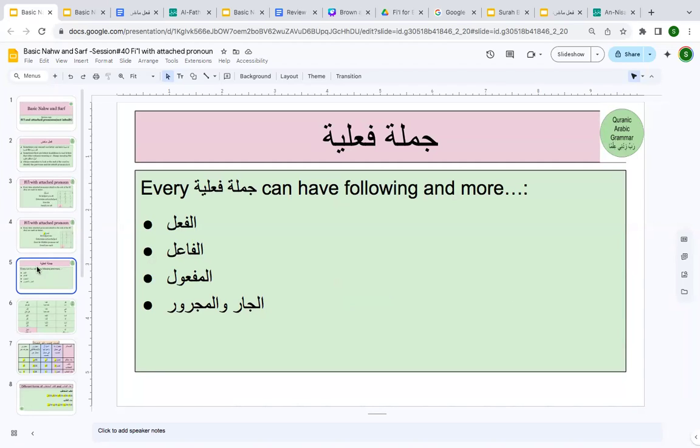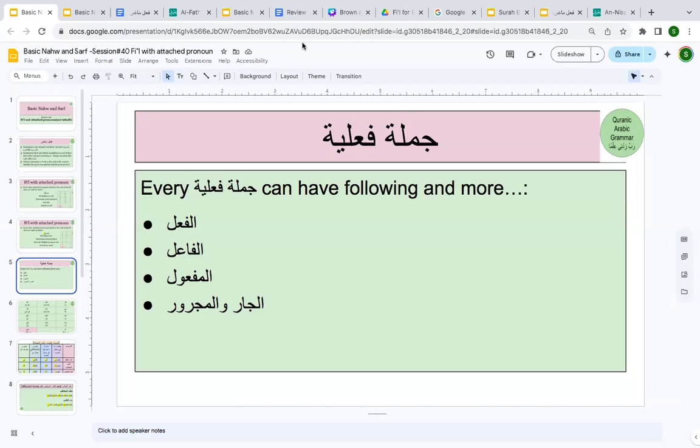You can translate that fail, just one word, and you can get a full sentence out of it. And when you look at a sentence which is jumla failure, jumlatul failure, what does it mean? It is a verbal sentence, right?